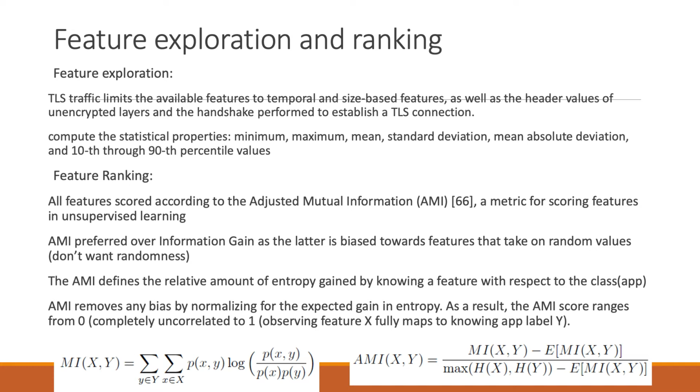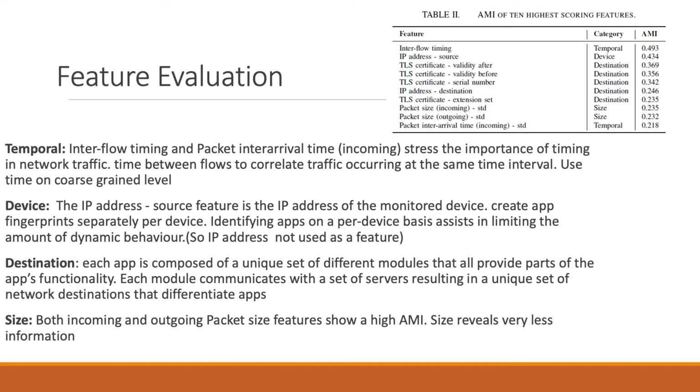But because they want to remove the bias also, that is why they normalize it by adding entropy, that is H(X), as well as the expectation value. Next is feature evaluation. So these are the features which have been used.